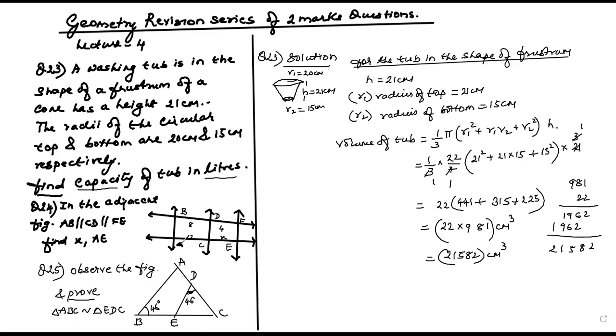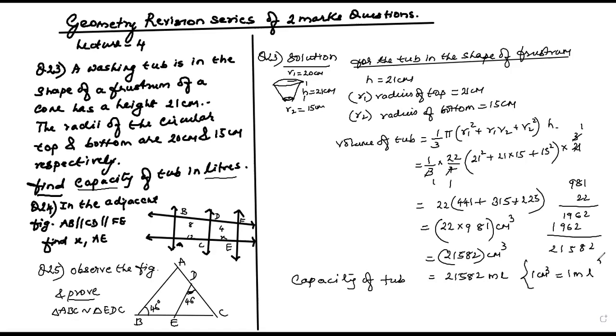But I want the answer in liters, children. Therefore, the capacity of the tub will be 21582. 1 centimeter cube is always 1 milliliter.